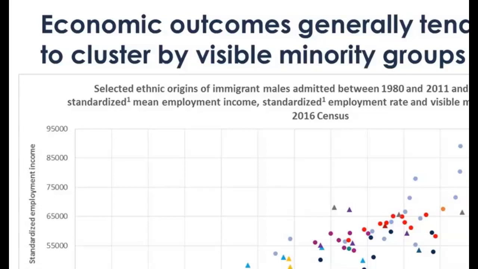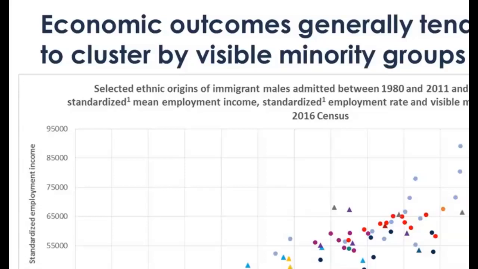And you can see the more colored dots or points are a little bit below. So I guess it confirms this general idea that led to the enactment of the Employment Equity Act in the 1980s, saying that there seems to be some advantage in terms of economic outcome for the white population.